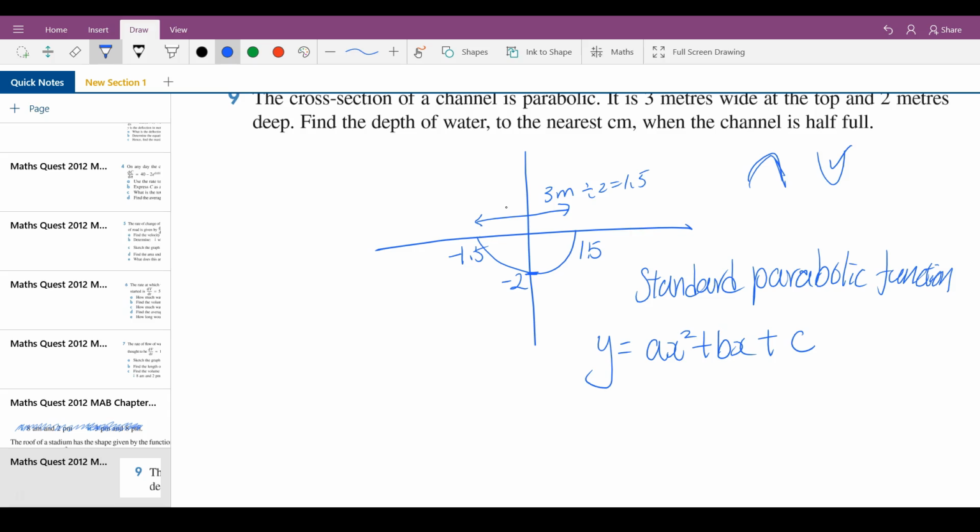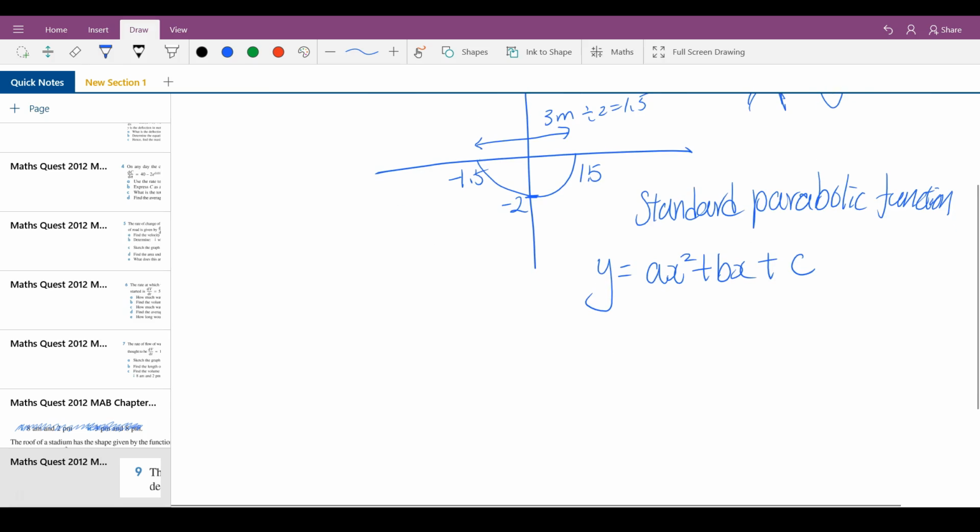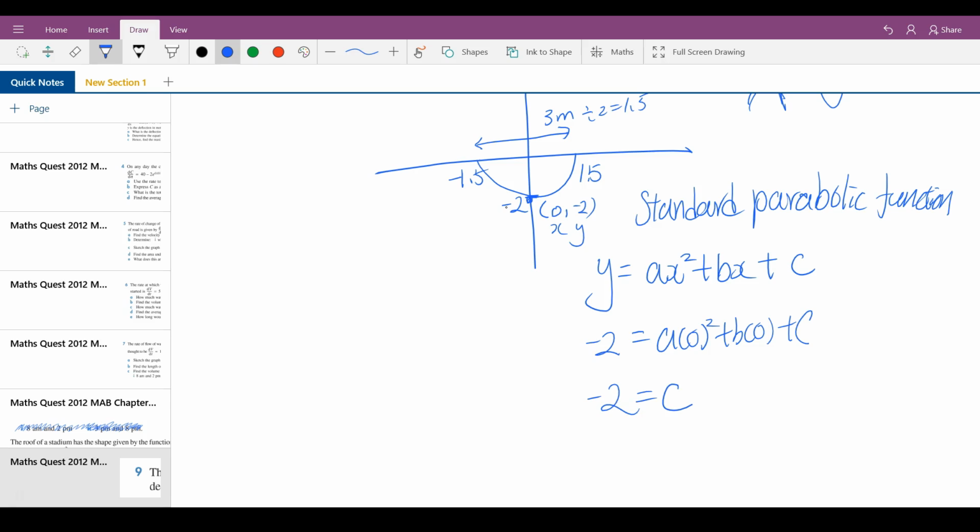The easiest one to work out is c first, because we have a coordinate here. This coordinate has x equal to 0 and y equal to -2. So we can stuff it in here: -2 equal to a0 squared plus b0 plus c. So our -2 will be our c. That's the first one.